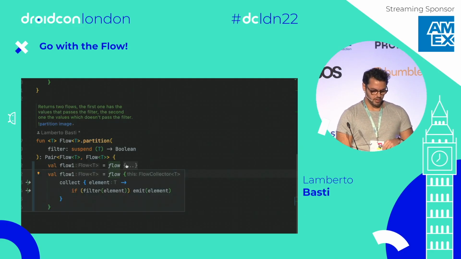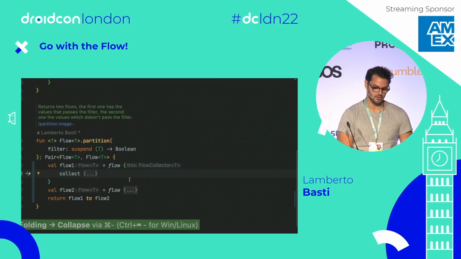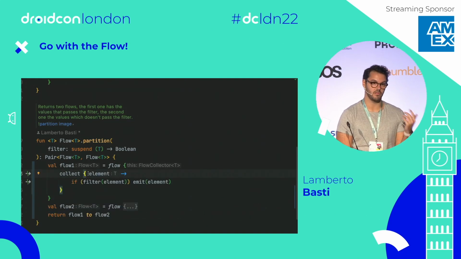So when you call collect, for example, on flow 1, this lambda gets executed, and you start collecting the upstream flow. And if you can see on the left, there is a symbol on IntelliJ or Android Studio that shows you, oh, this is a suspend call. You're not going to go further in the execution here, because you're going to stop here and collect all the elements from the upstream until the upstream is closed.